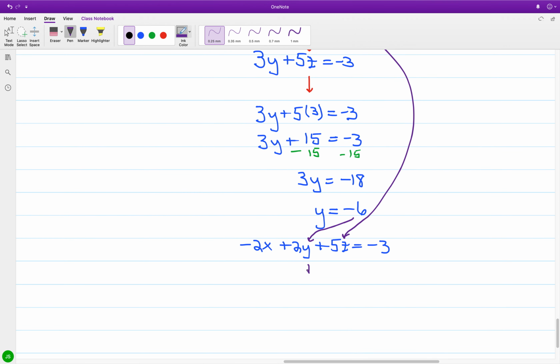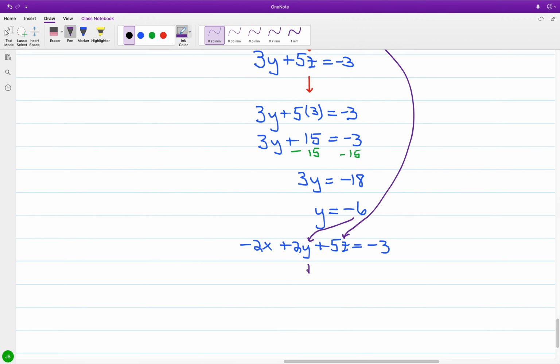So we now have negative 2x and 2 times y, so 2 times negative 6. And we have 5 times z, so 5 times 3. So we now have negative 2x minus 12 plus 15 is equal to negative 3.